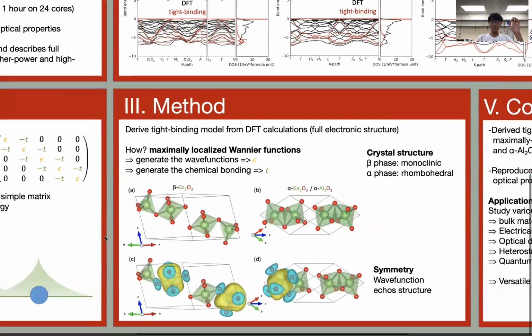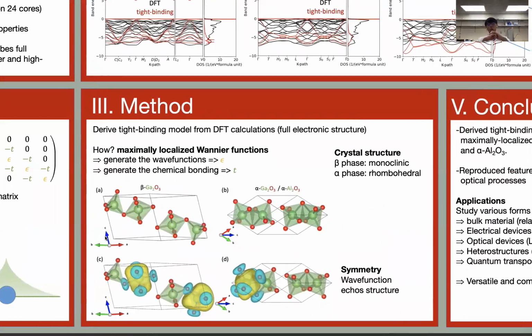Okay. Now let's talk about how we derive our tight binding model. We derive the tight binding model from the DFT calculations, which gives us the full electronic structure, but then we want to make some simplifications. And the way we do that is to calculate what is called the maximally localized Wannier functions.